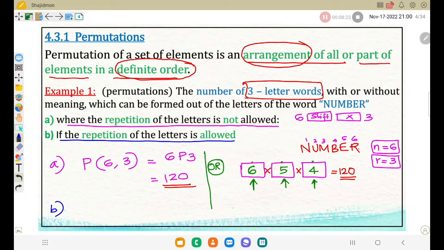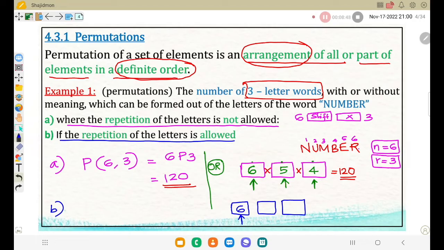You can see how many letters we need to create? 3 letters, correct? We need to create a 3-letter word. So first letter, second letter and third letter. Now how many letters do we have in total? 6 letters. So for the first letter there are 6 possibilities, n, u, m, b, e, r.